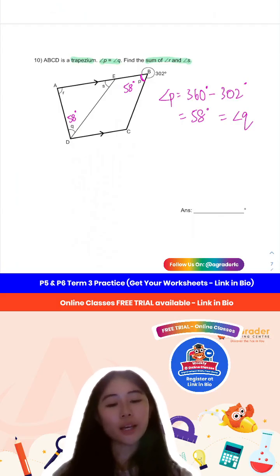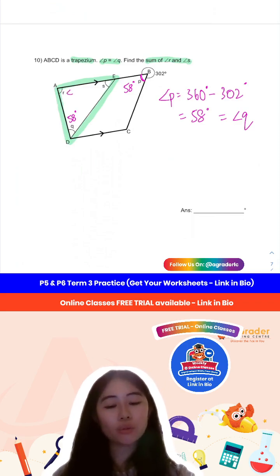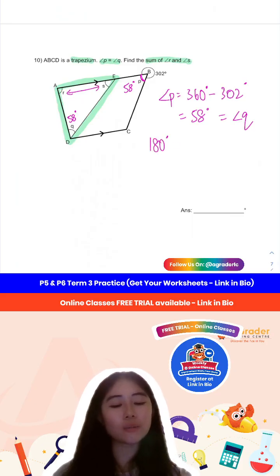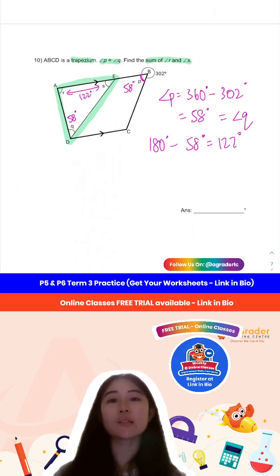And then after that, you can focus on this triangle. So angles within a triangle will be 180 degrees. So you are able to find R and S by using 180 degrees minus 58 degrees. So that will be 122 degrees for R and S together.